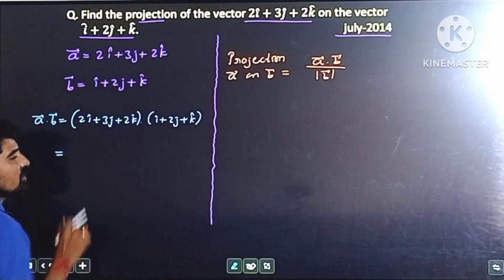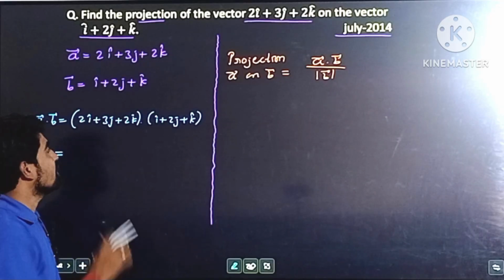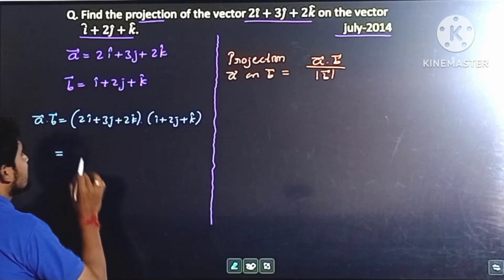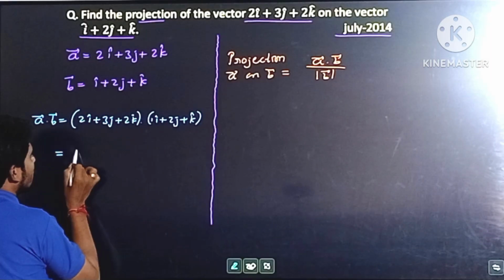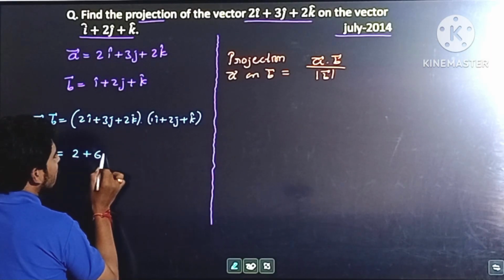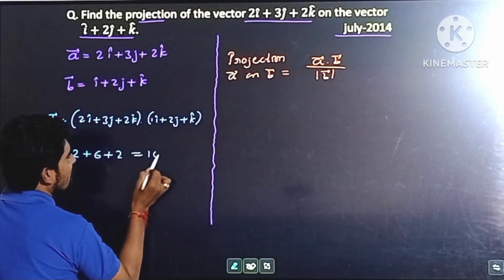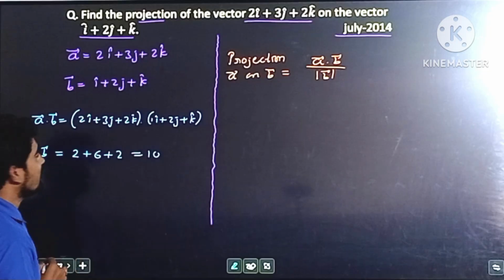As you know, the dot product of two vectors is obtained by multiplying the corresponding coefficients of i, j and k. So first multiply the coefficient of i with i: 2 into 1, 2, plus 3 into 2, 6, plus 2 into 1, 2, which is equal to 10. Therefore, the value of A vector dot B vector is equal to 10.